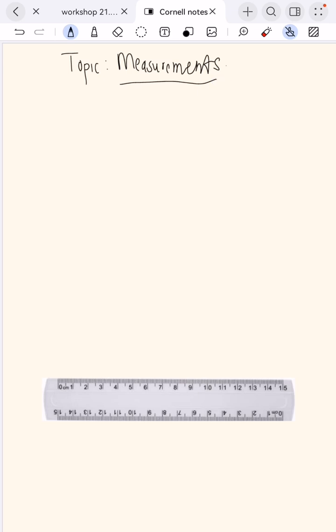I hope you can see what I have written on the board. So let's see exactly what we mean by measurement. Measurement means to measure, the word measure.